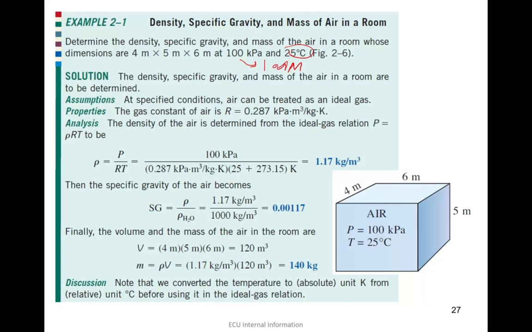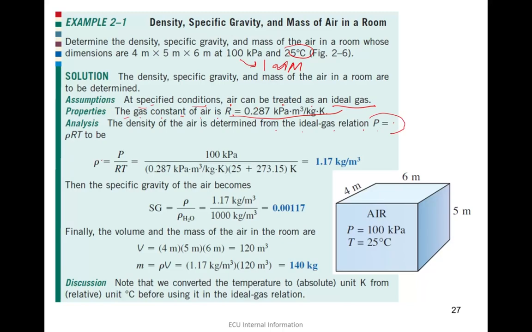The assumption in this problem is that air can be treated as an ideal gas, and the gas constant of air is this much, which is already given. The density of air is determined from the ideal gas relation. So we know that pressure is rho RT.